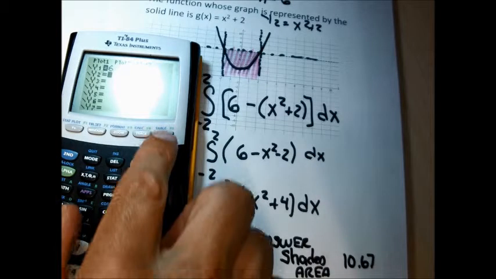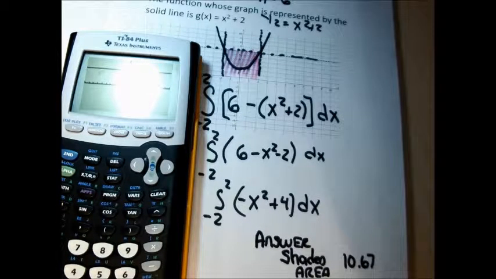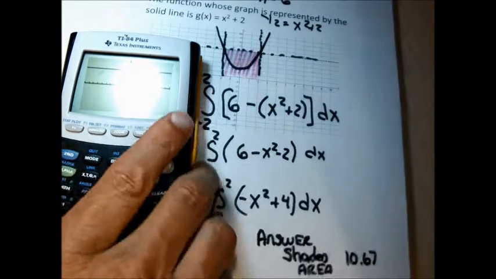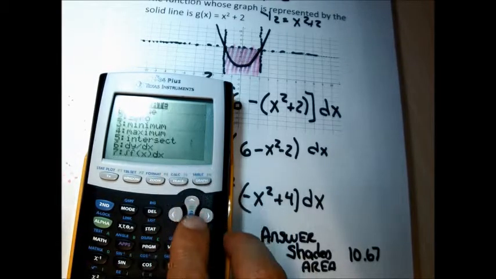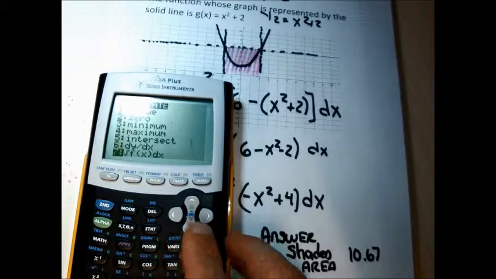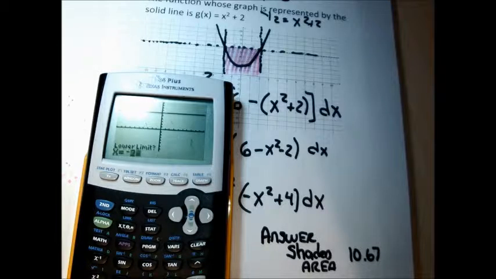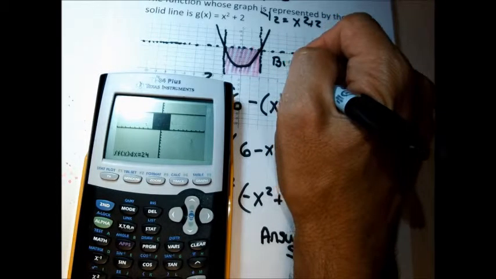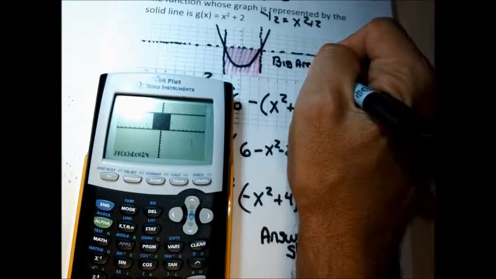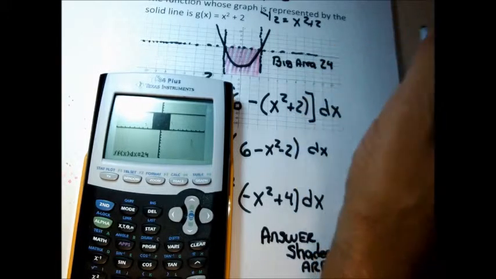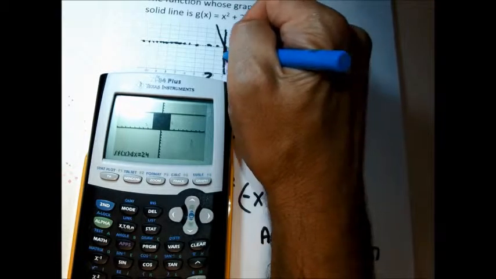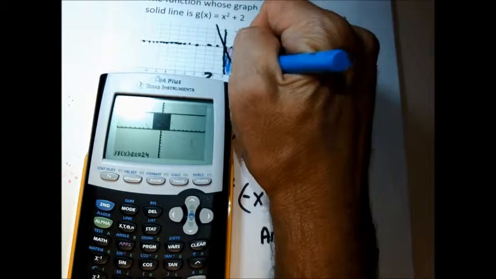So if I wanted to do that and graph that, I can find the area that I just shaded in pink between -2 and 2 by going second calc, option 7, lower limit -2, upper limit 2, and it gives me this big area is 24 square units. And next I'm going to find the area that is beneath the parabola.